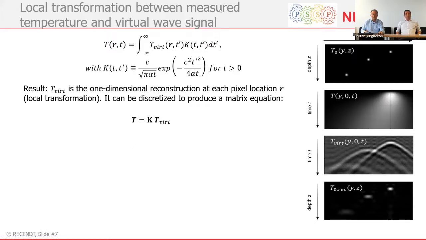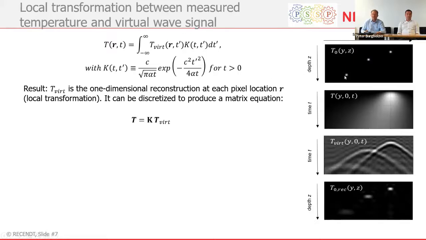Here's the mathematics, but in a discretized version, it is very easy. You have just one vector T, you have a matrix K, and you have the virtual vector T vert, and this is a function of time, the temperature, and also the temperature here. The virtual temperature is a function of time, and both can be converted by the simple equation.